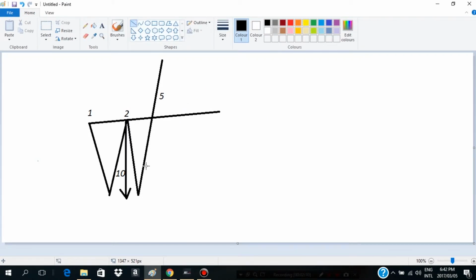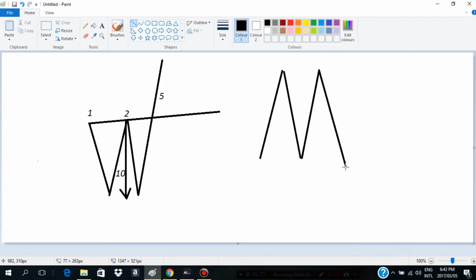So now this is a double bottom. We've also got double tops. Price moves up and down, creates two peaks, and then goes straight down to the bottom. Again, you want to join your first 2 points, and that should create your neckline.